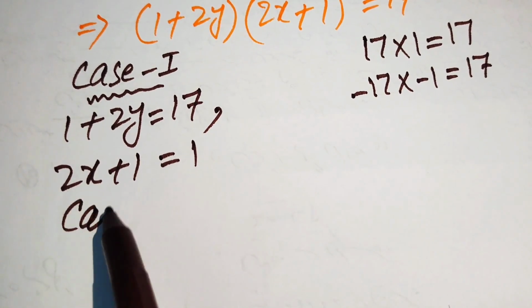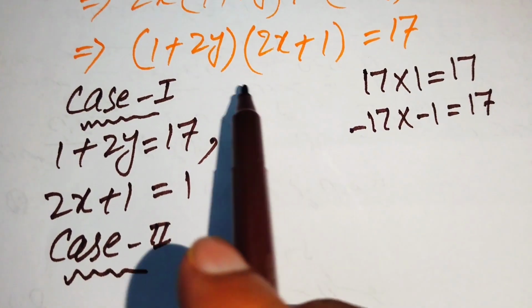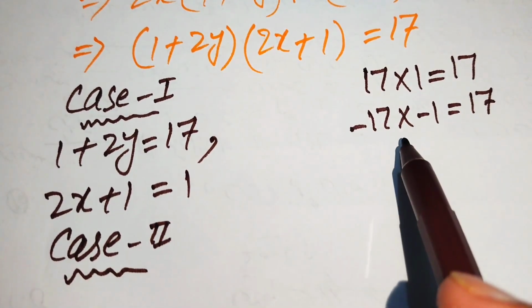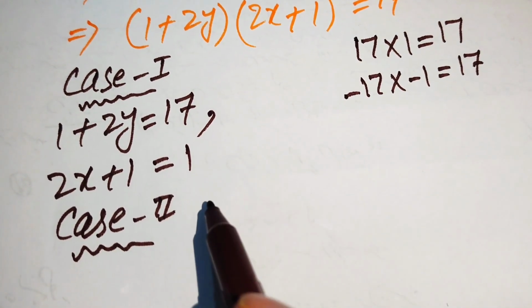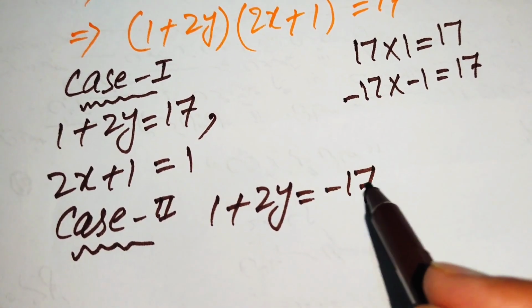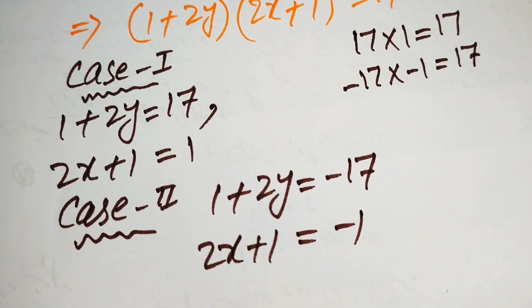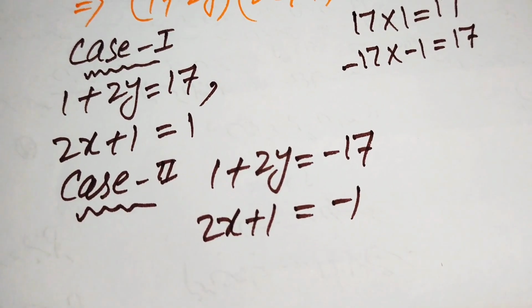In case number 2, we compare these two factors and get 1 + 2y = -17 and 2x + 1 = -1. Now we need to solve these two cases to get the values of x and y, and after that we add these two values.